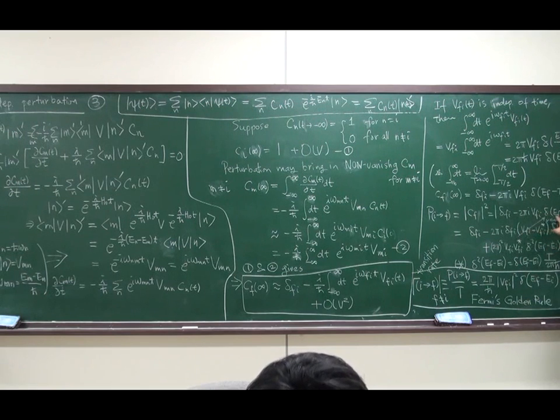So I just copy this guy in here, minus 2 pi i delta_fi and V_fi delta(E_f minus E_i), and add up its complex conjugate. There's a plus 2 pi i V_fi star, and so on. So its complex conjugate is minus V_fi star, and I flip the sign in front of the imaginary i.